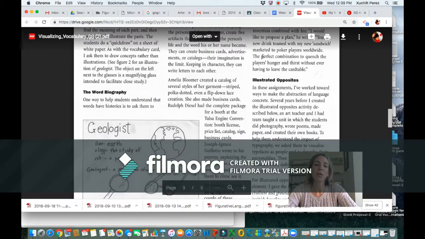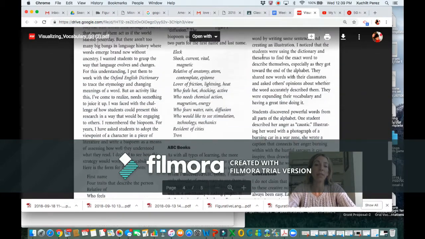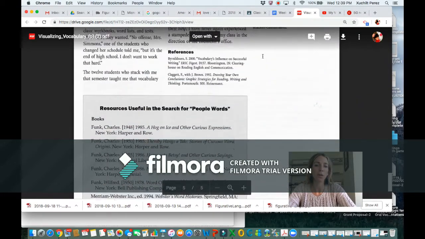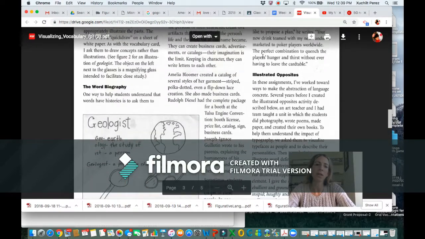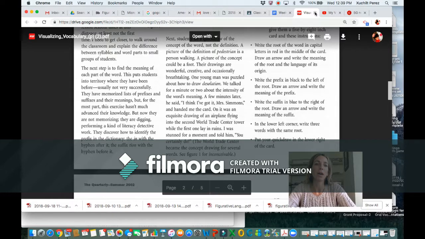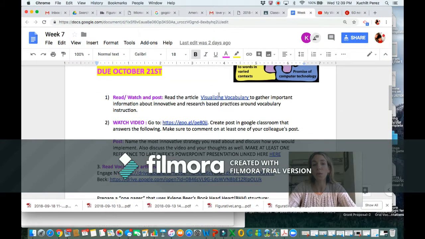So if we think about the importance of building student vocabulary, and then engaging in vocabulary work that's meaningful and that provides many different ways of tackling important pieces of vocabulary, you'll see how great the strategies are. So I highly advise that you take a good look at that.